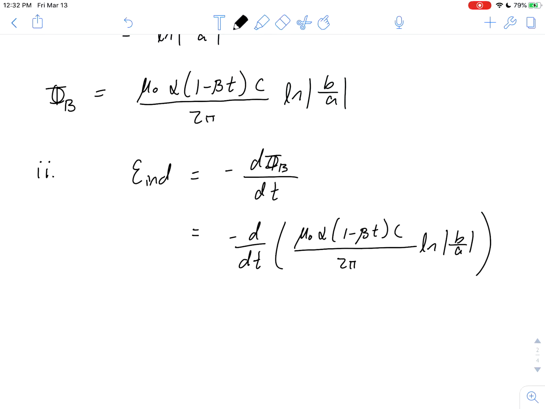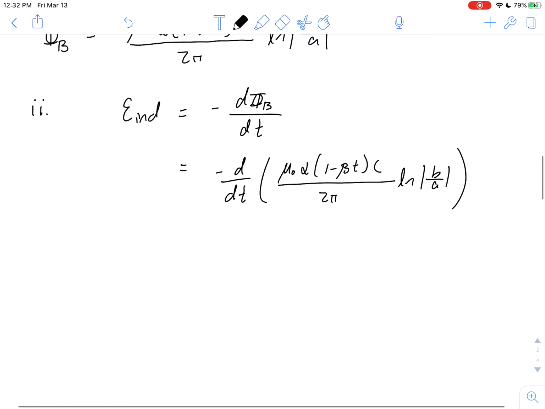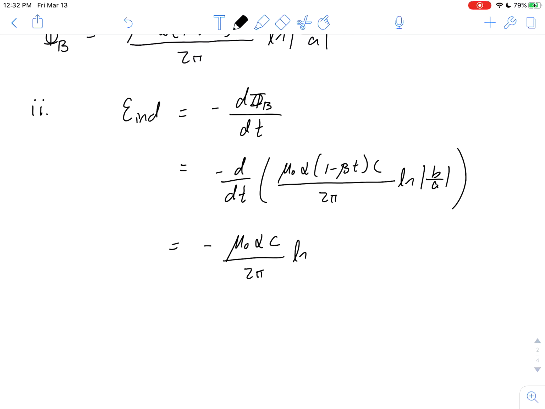Okay, we can take anything out that is not changing as time changes, and if we do that, then this is going to become negative mu naught alpha c over 2 pi natural log of b over a. And what we're left with is the derivative d by dt of 1 minus beta t.